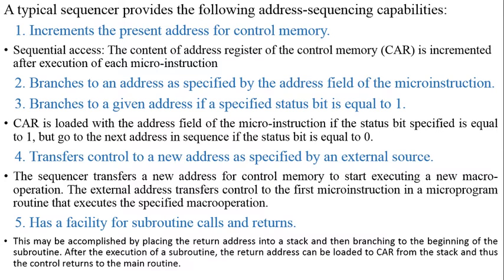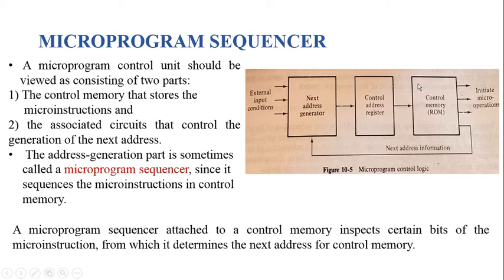And the second method: branches to an address as specified by the address field of the micro instruction. The control address register now holds the address of a particular micro instruction which holds a certain micro operation that is currently executing.